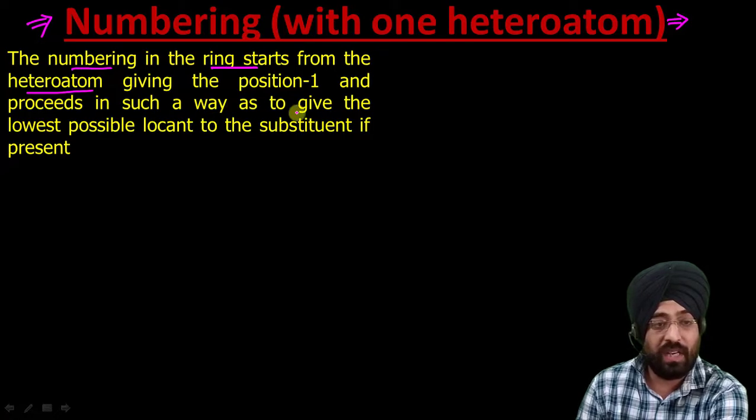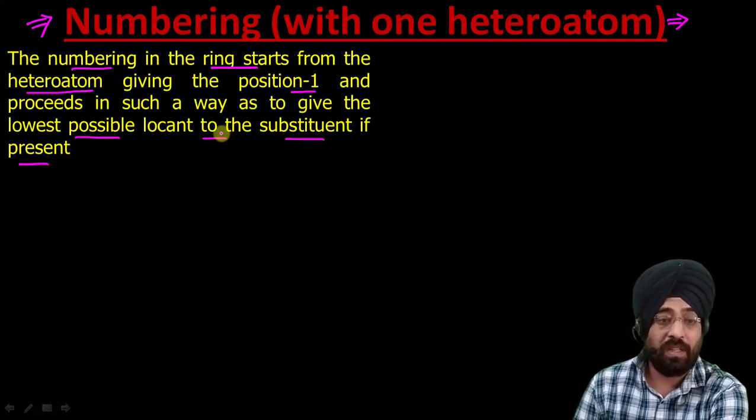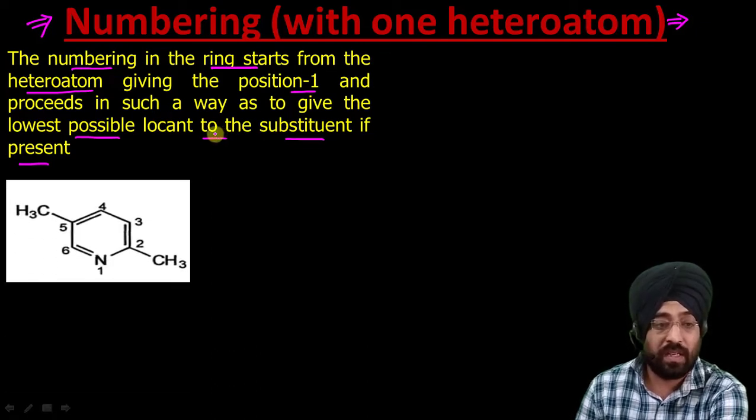So we give it position 1, and it proceeds in such a way as to give the lowest possible locant to the substituent if present. If other substituents are present, we have to start numbering in the direction which gives the lowest possible locant. Let us try to understand with this compound.